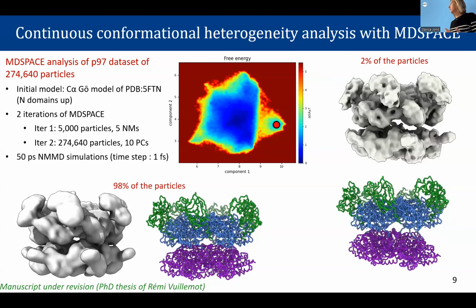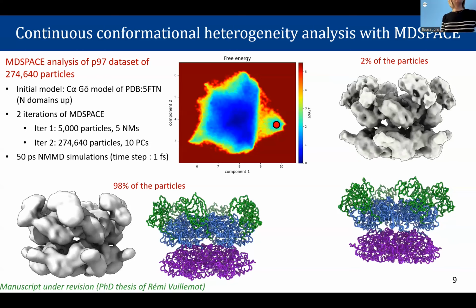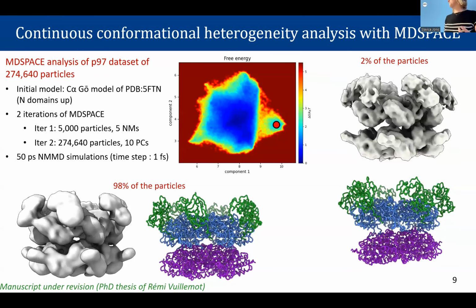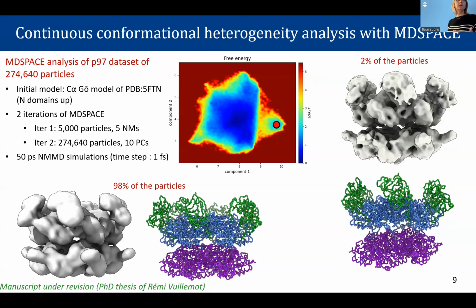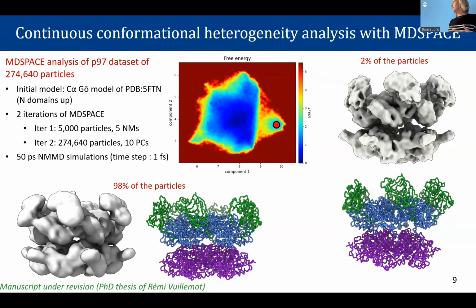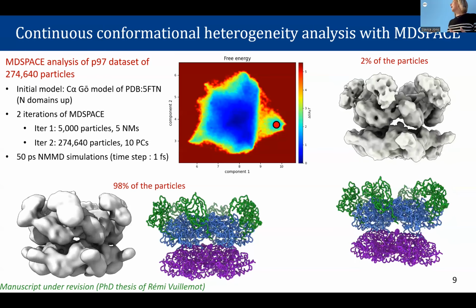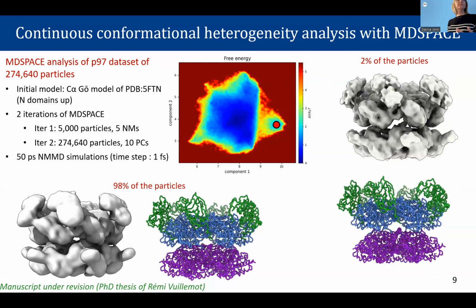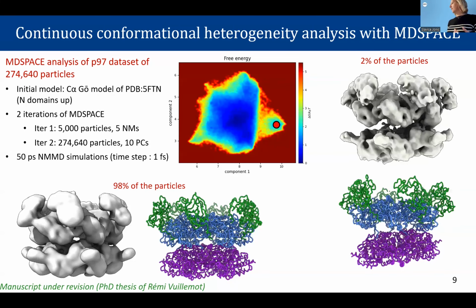But okay, you have to understand that Remy here makes different conformations. So that is one reason why it is smooth, because behind this there is a heterogeneity. It's like a kind of convolution of the two. There are many more configurations in it. Okay.